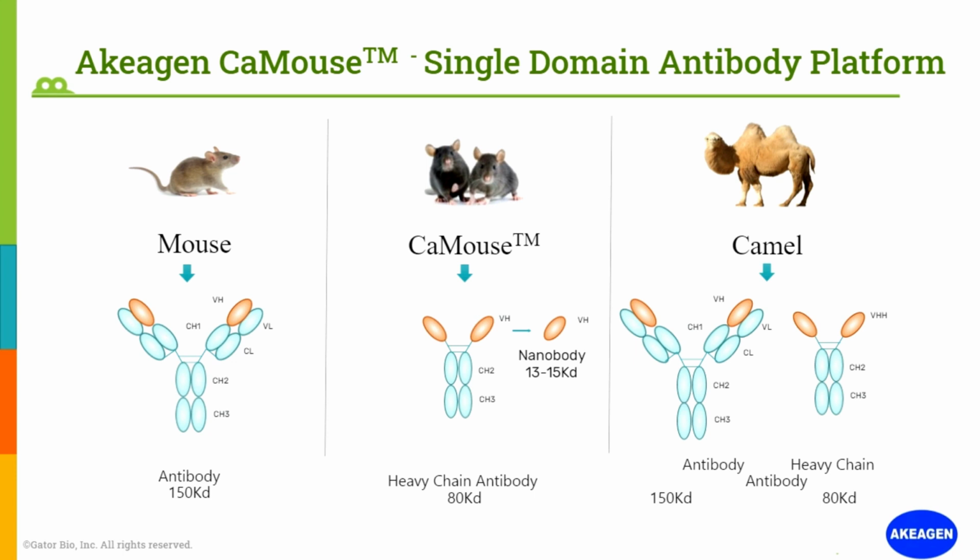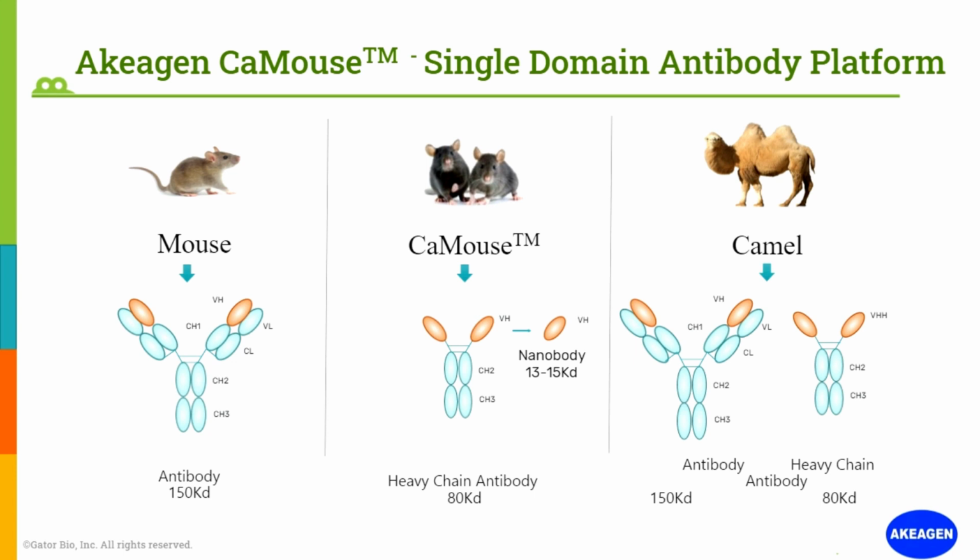After we designed and developed using the genetic modification method, we generated this camel mouse, which is called CA mouse, meaning the mouse that replaces camel. So in the camel mouse, all the IgGs are in the heavy chain antibody format, and there is no conventional antibody.